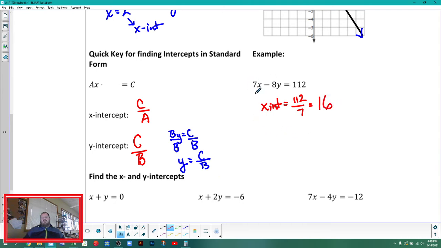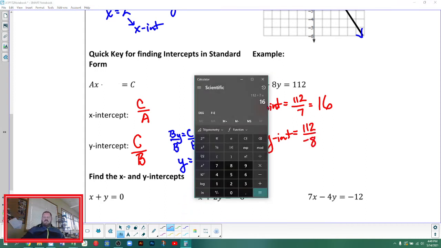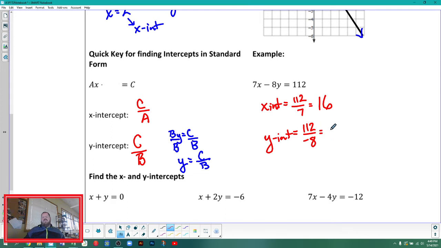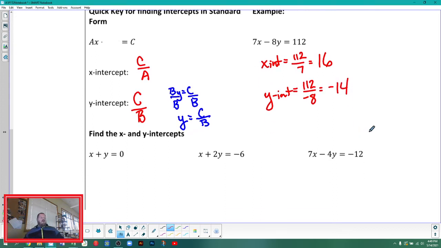And if I cover up the x, or if I just use my quick key, my y-intercept is 112 over negative 8, because that 8 is negative. So I didn't put the negative in there, but I'm going to get a negative 14 for this one. All right, and that can make things go a little bit quicker.